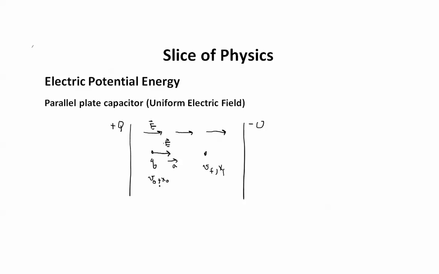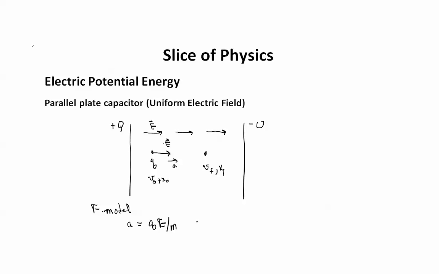We could determine the final velocity simply using the concept of a force. So if we use the force model, acceleration would be qE over the mass of the charge.